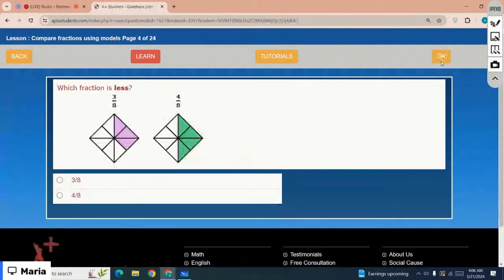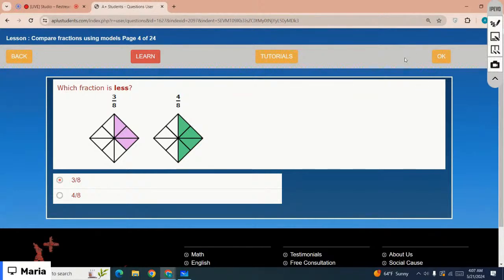Which fraction is less? 3/8 or 4/8? Which is the correct option? 3/8 is less than 4/8.